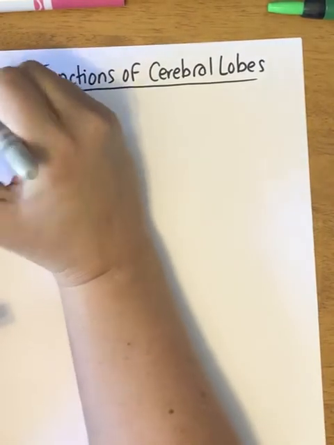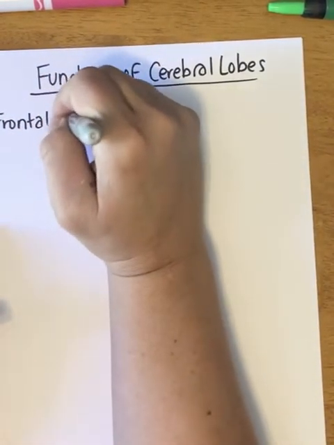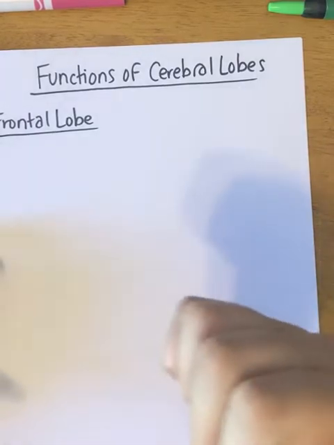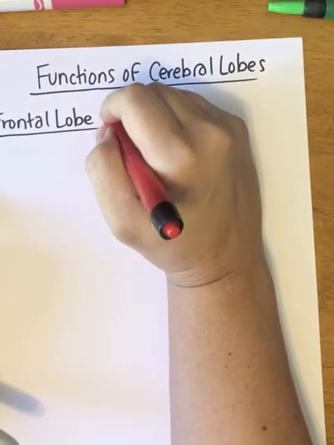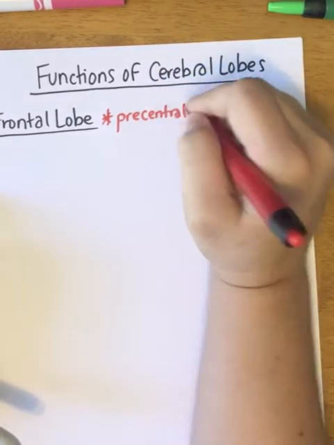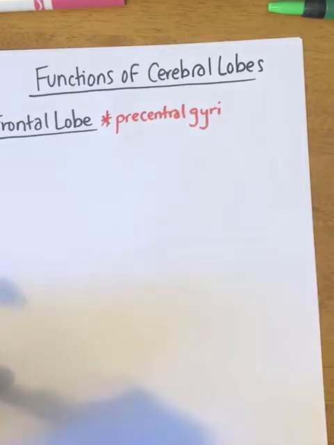Now, what color was our frontal lobe? Our frontal lobe was pink and red. Our frontal lobe is going to have a special structure, the precentral gyri, which we'll talk about. But other than that, it was pink and red.